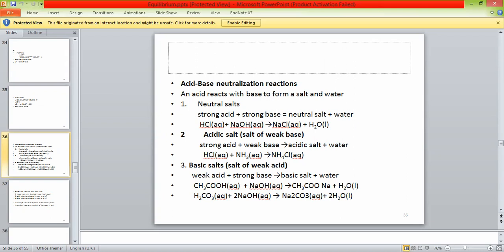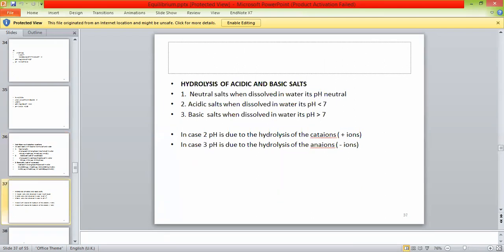So when you pick up the NH4+ and you write its dissociation, what you're going to get is NH4+ dissociating to give you NH3 plus a proton, which is H+. Because it is producing H+ in solution, that's why we are saying it is producing an acidic solution. That's why here they are saying when this salt is dissolved in water, what it produces has a pH that is less than 7.